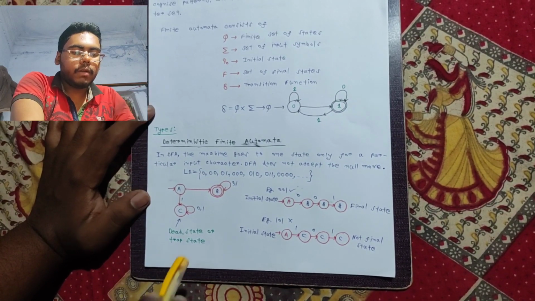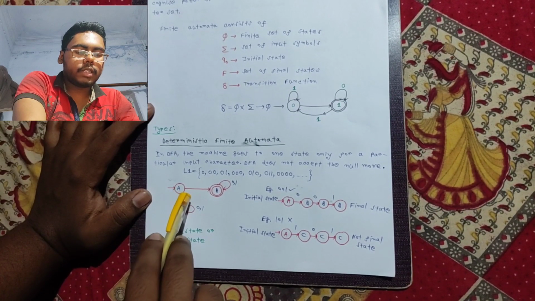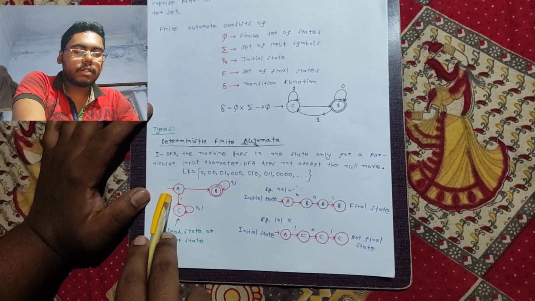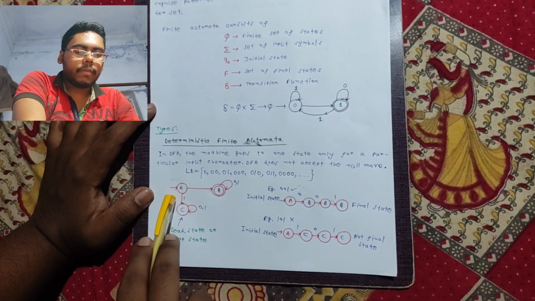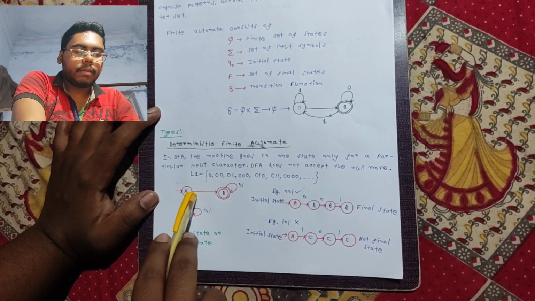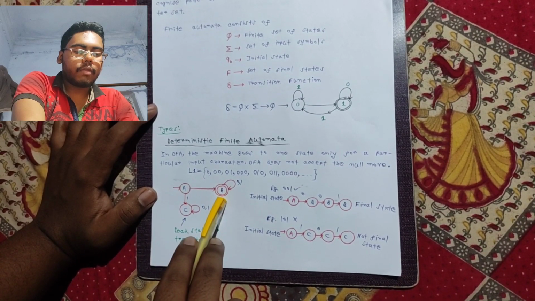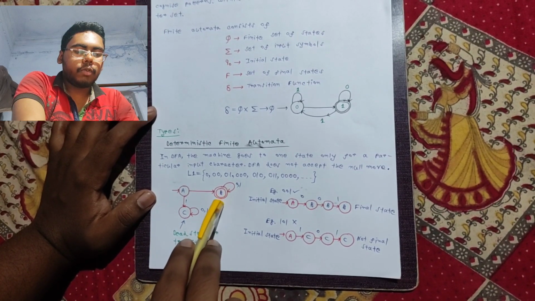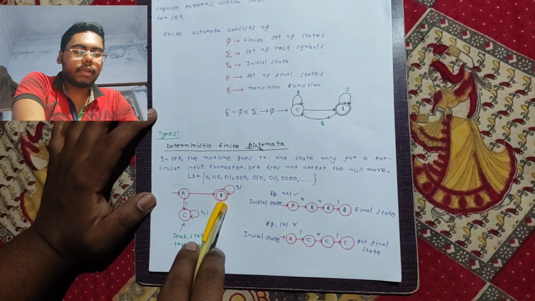Now here we have to know which is the initial state. The initial state is defined by an arrow. There is an arrow before the initial state, so we know it is the initial state. And for the final state, we have double circles. Here A is the initial state and B is our final state.